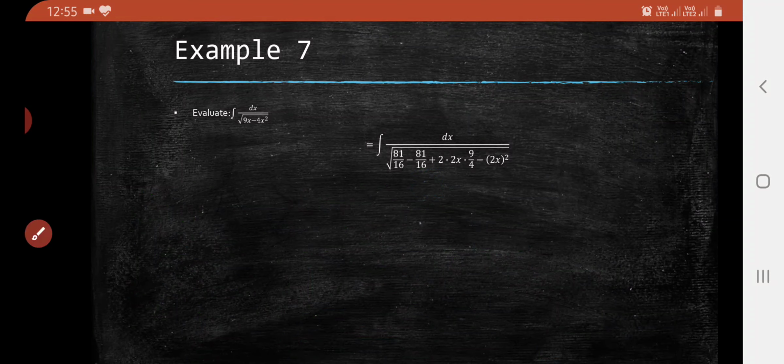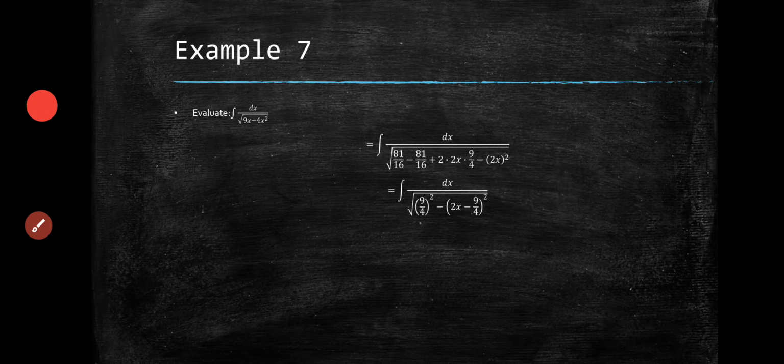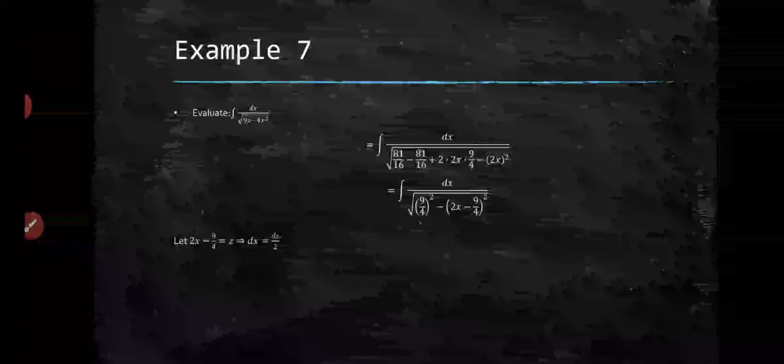Now from here what we can see is that this whole thing becomes a whole square term, 2x minus 9 by 4 whole square, and 81 by 16 is your 9 by 4 whole square. So this is in the form dx by under root a square minus x square. But obviously 2x minus 9 by 4, I need to take this as a substitution, so let me substitute it. So 2x minus 9 by 4 is taken as z, so then dx becomes dz by 2.